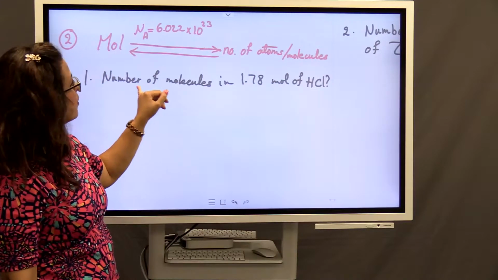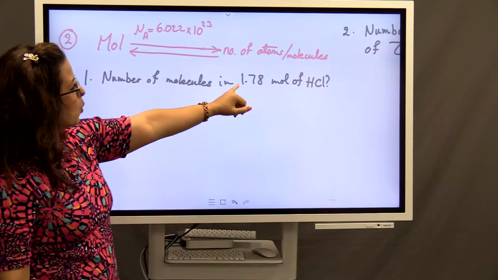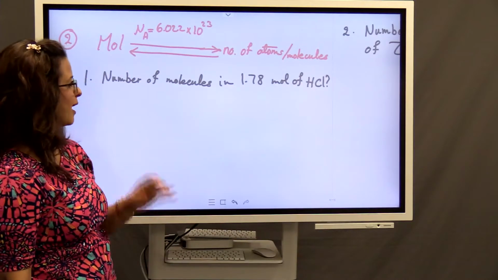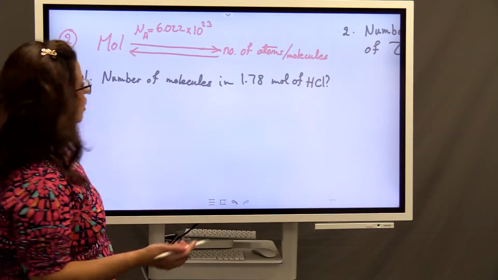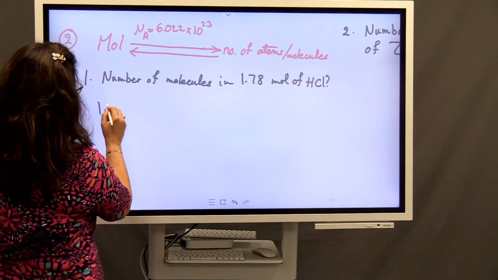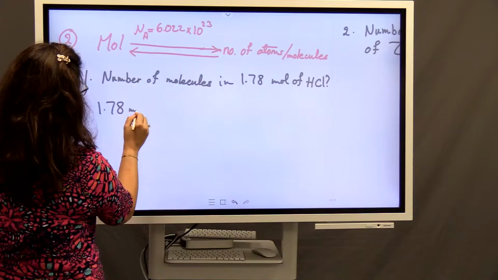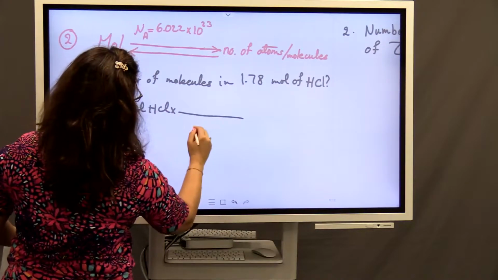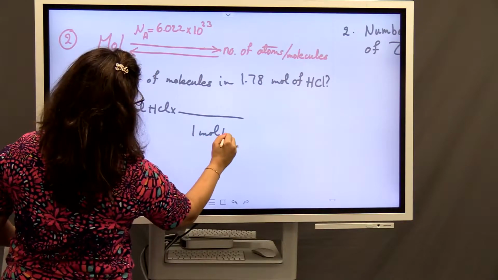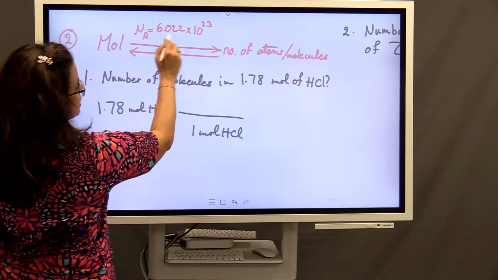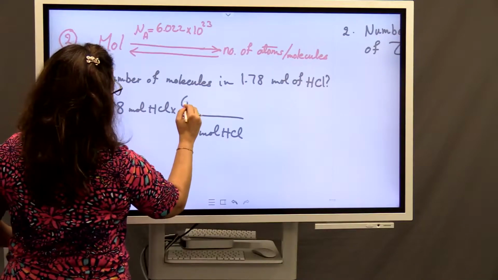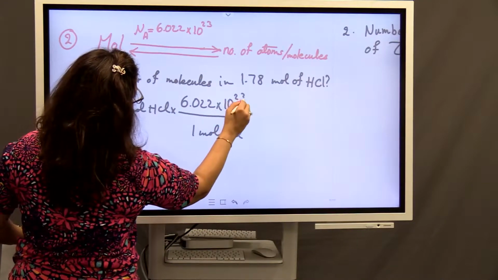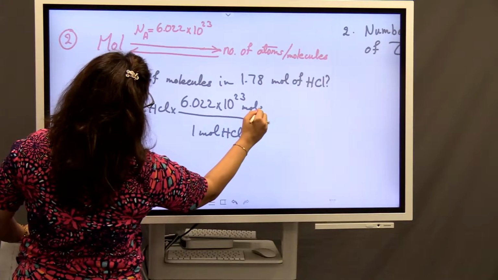We're solving for the number of molecules in 1.78 moles of HCl, hydrochloric acid. As usual, we start with the given value, 1.78 moles of HCl. And we know that in 1 mole of HCl, there are how many molecules? This amount, 6.022 times 10 to 23 molecules.